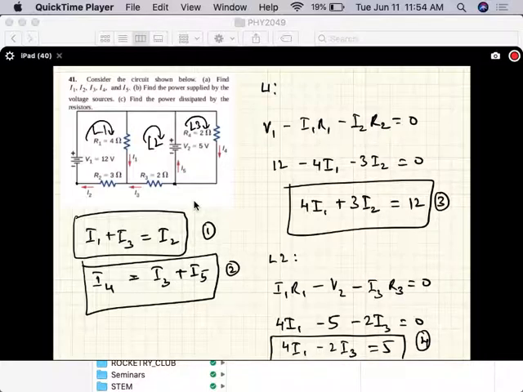So we know I4, so this equation gives us I3 plus I5 is 2.5 amps.